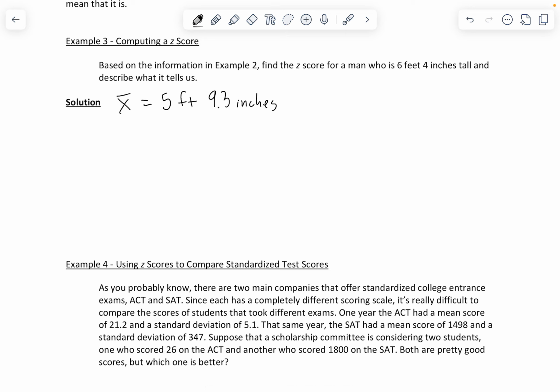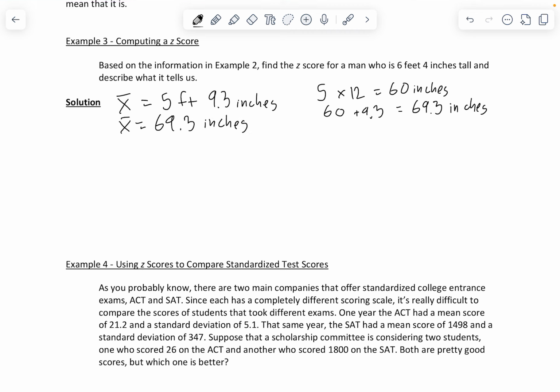Instead of feet and inches, let's express it only in terms of inches. 5 feet, let's convert that to inches. There are 12 inches in a foot, so 5 times 12 is 60 inches. 60 plus 9.3 equals 69.3 inches. So x bar is 69.3 inches.